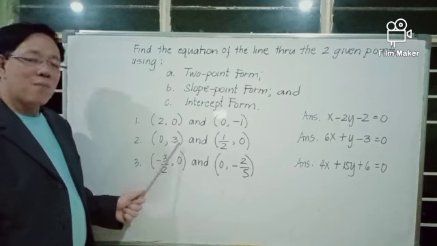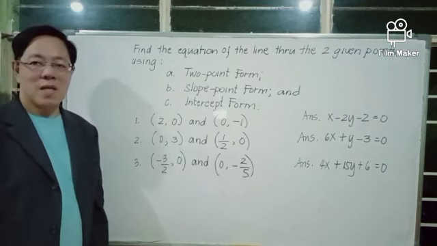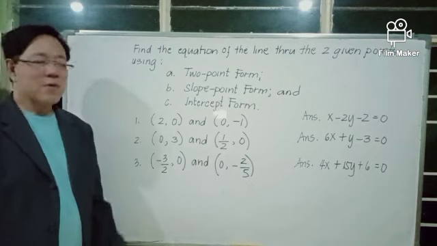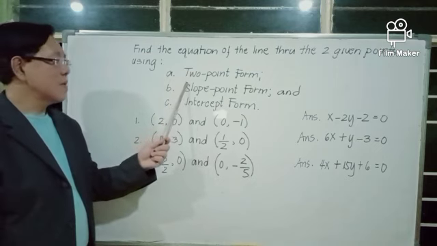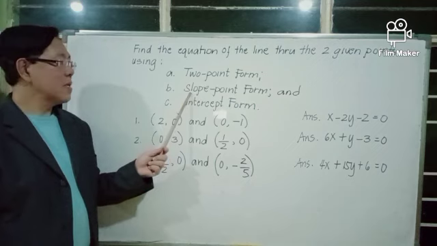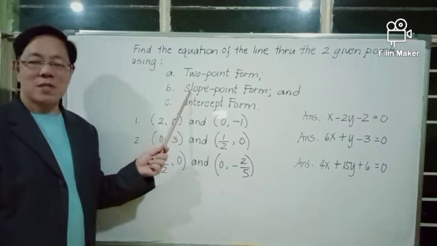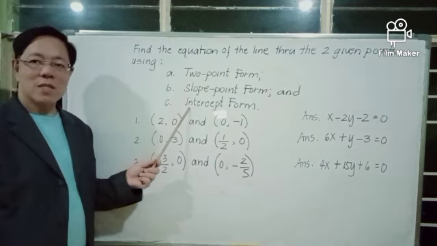For each of these pairs of points, you will find the equation of the line, and you will use 3 methods. For the first method, you will use the two-point form. For method 2, you will use the slope-point form. In using the slope-point form, you must first calculate the slope of the line. And in letter C, you will use the intercept form.